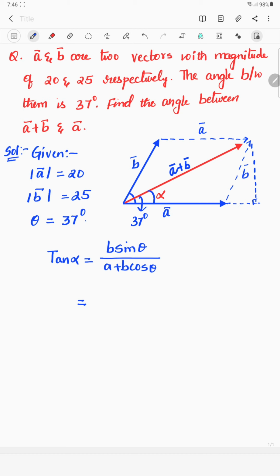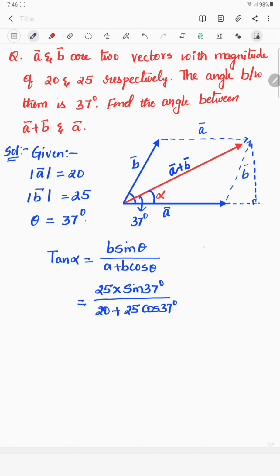B, what is B? Magnitude of B bar, that is 25, into sin theta, that is sin 37 degrees, whole divided by A, the magnitude of A bar, 20, plus B cos theta, that is 25 into cos 37 degrees.